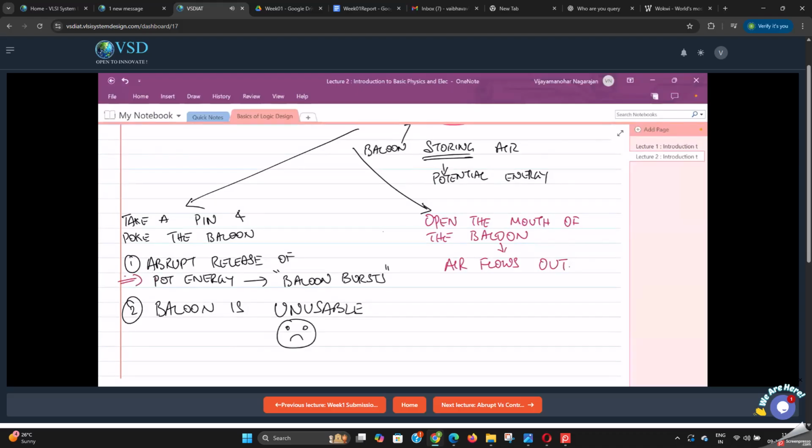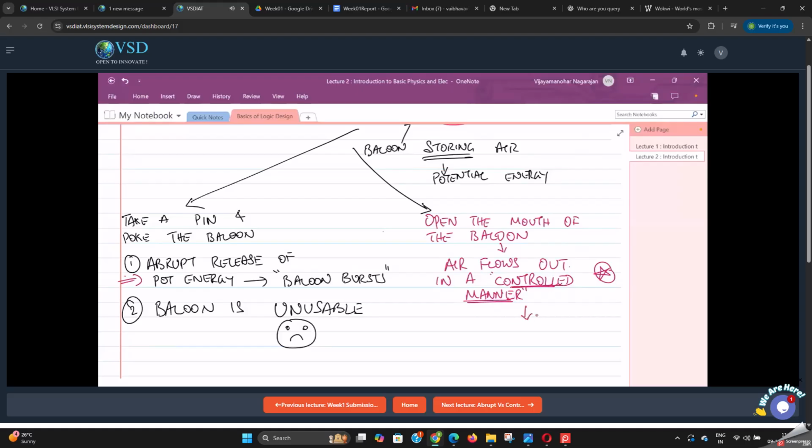Whatever was inside the balloon, when you poke it, the air came out. Here also, when I open the mouth, the air inside comes out. So what is the difference? Here, air flows out in a controlled manner. This is very, very important. That is the most important point. Air flows out in a controlled manner.